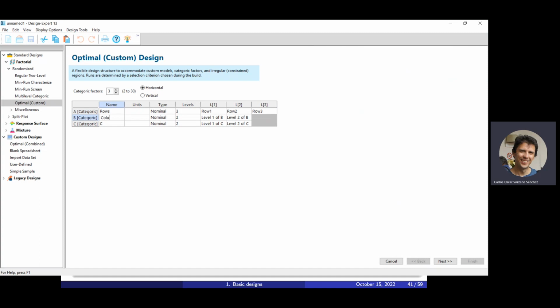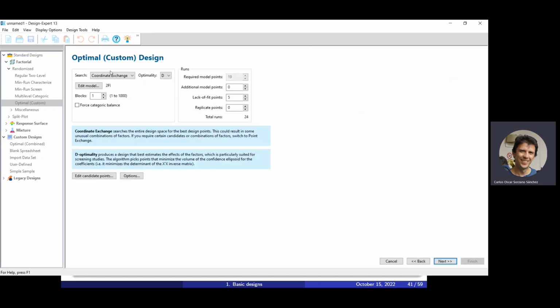Then we have columns. We also have three columns: column 1, column 2, column 3. And then we have treatments. And treatment, we have three also: control, treatment A, treatment B.